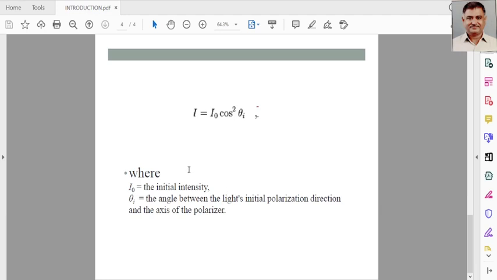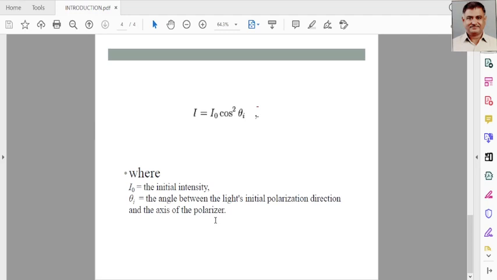See, these formulas have their own meanings. Here I0 is nothing but the initial intensity, and theta suffix i is the angle between the light's initial polarization direction and the axis of the polarizer.